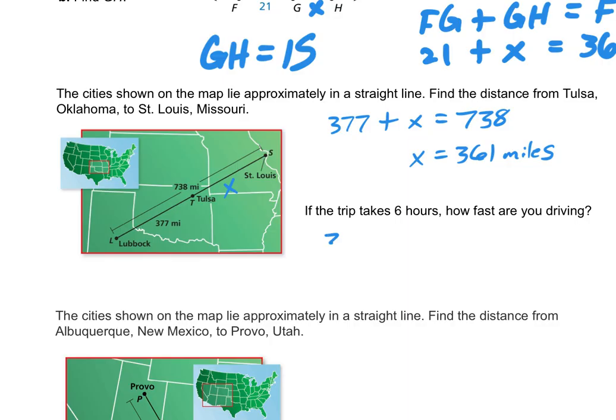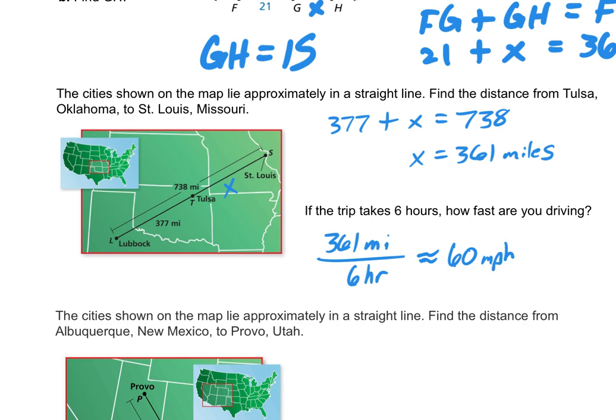So I would take 361 miles over 6 hours. Okay, and I'm going to use the approximate symbol because it's not an exact answer. It's about 60 miles per hour.